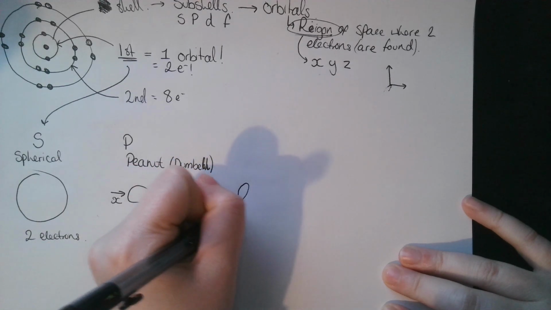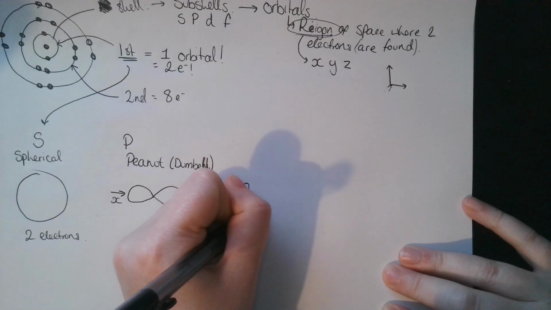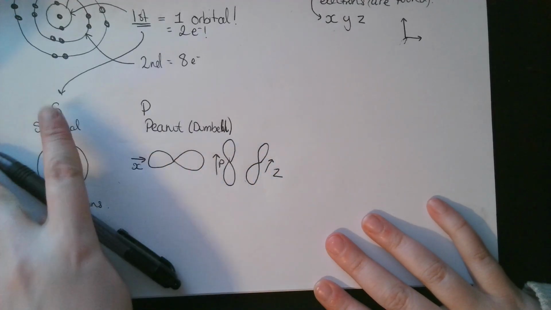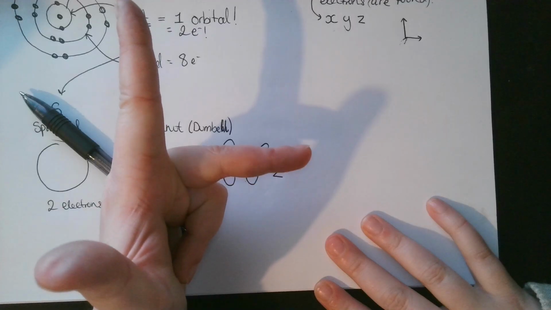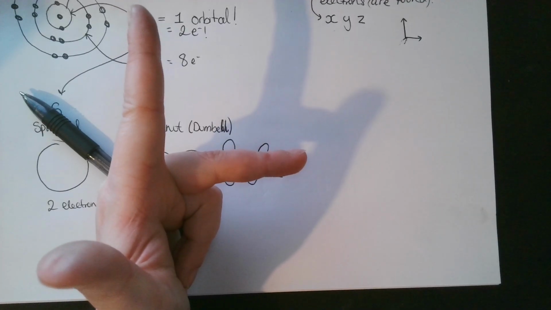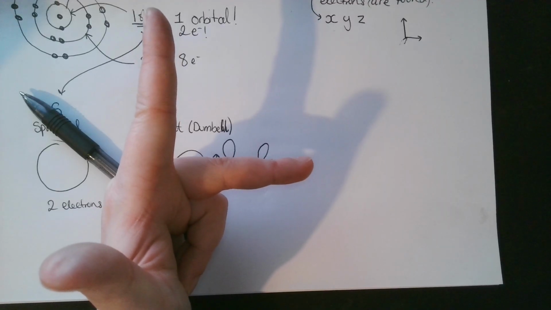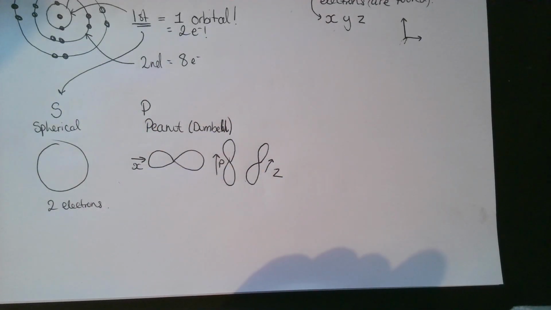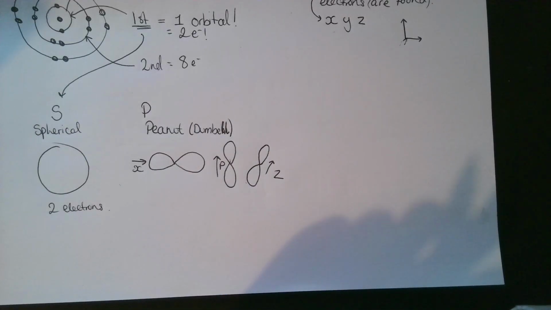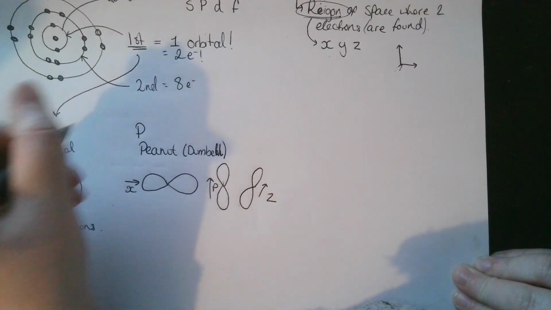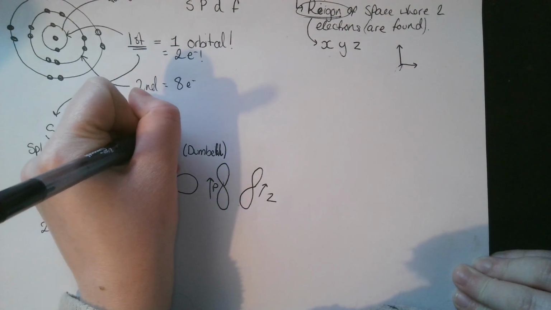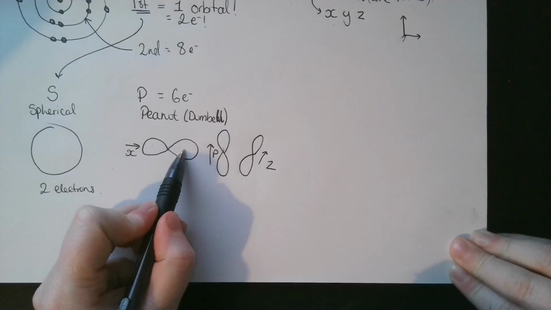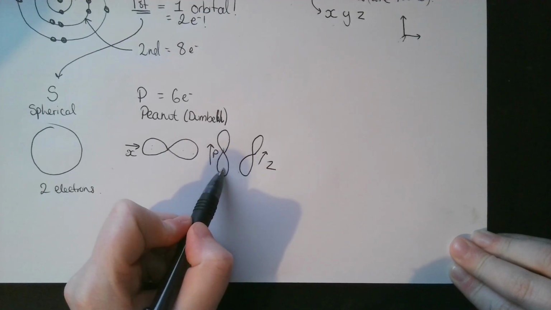That is P. And that is kind of going diagonal, so that is Z. We can have 3 possible regions where we can find 2 electrons. So we have 3 orbitals in the P subshell, meaning that in the P subshell, we can have a total of 6 electrons. So we have 2 in here somewhere. There's 2 in here somewhere, 2 in here.